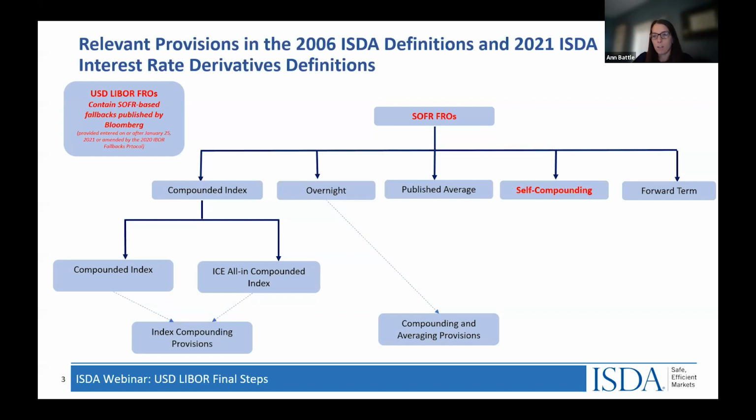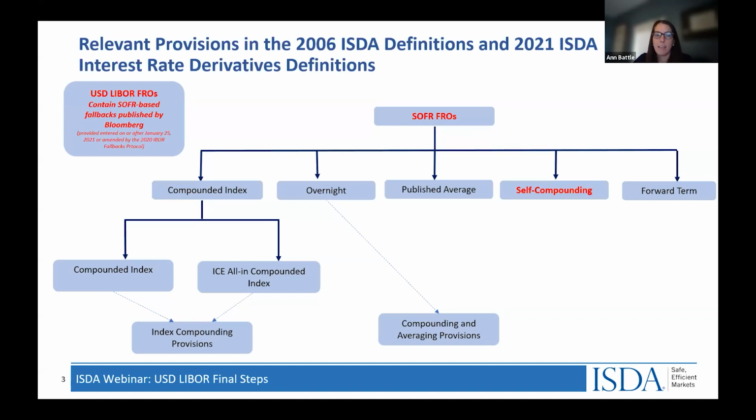So if that contract is not voluntarily transitioned to a different rate between now and the middle of the year, then when those fallbacks kick in, the floating rate option for that contract in your confirm will not change, but the rate that will apply going forward will be the SOFR-based fallback.